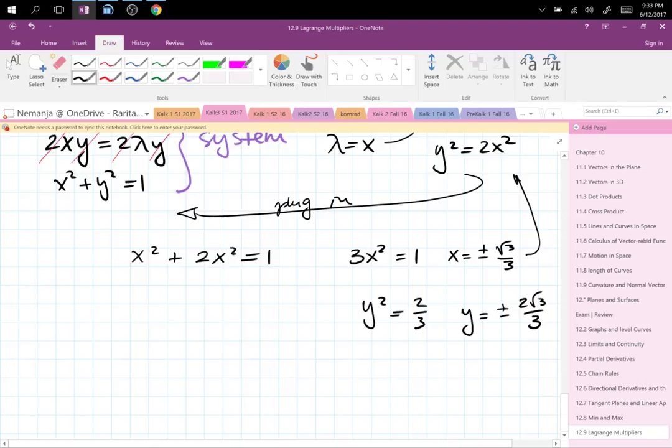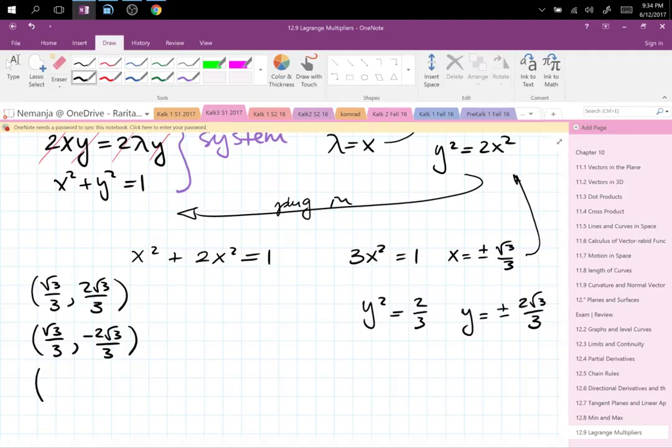So 4 points of interest are root 3 over 3, 2 root 3 over 3, root 3 over 3, negative 2 root 3 over 3. Is it 2 root? Is it to take the square root and rationalize would be root 2 times root 3, root 6 over 3?